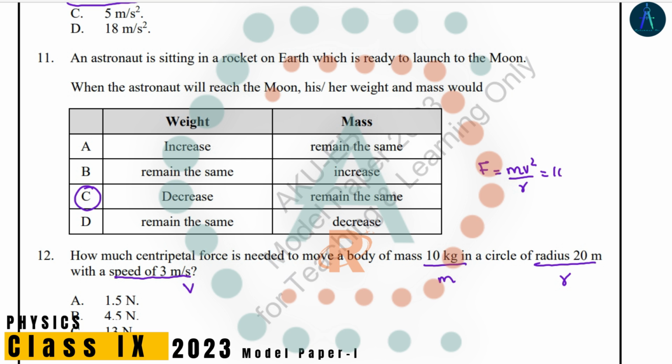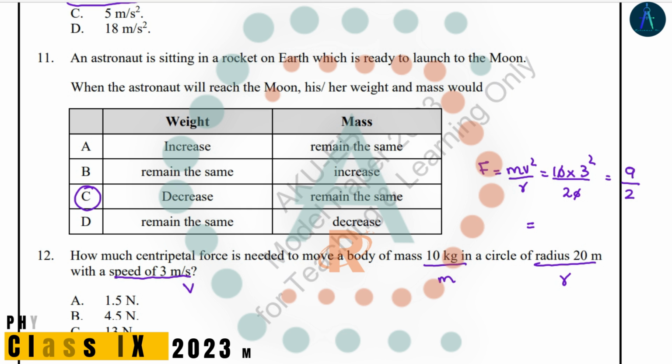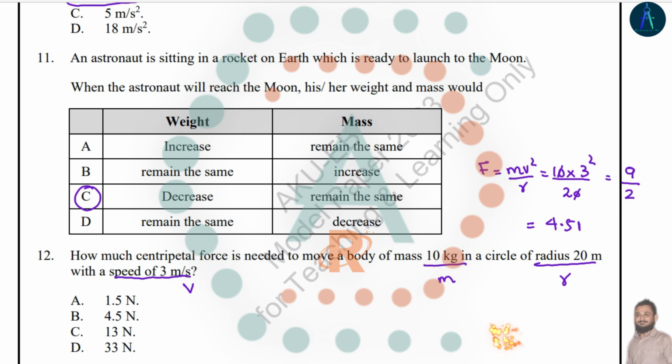The mass is 10, velocity square would become 3 square, and the radius is 20. If we solve, the 0s cancel out, so 3 square is 9 over 2. So the centripetal force acting on it will be equal to 4.5 newtons. So option B is the right answer.